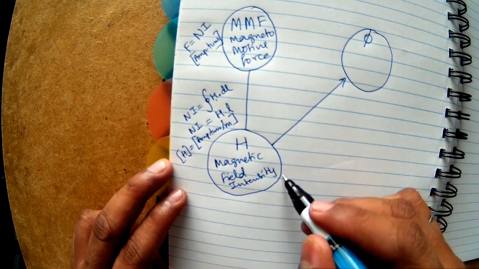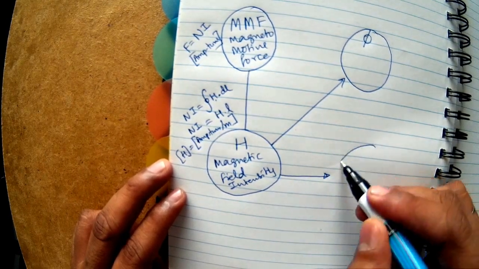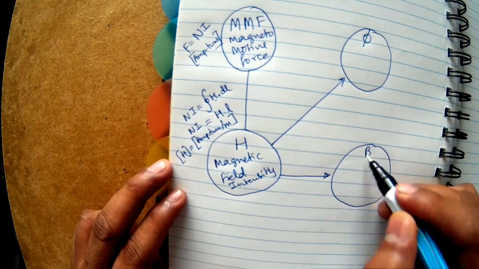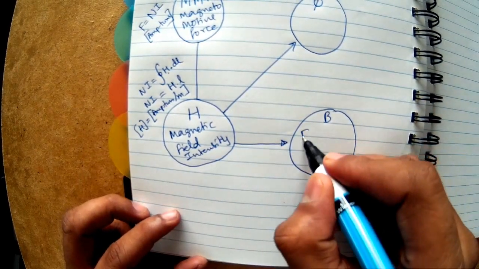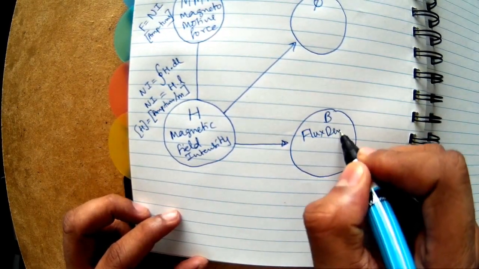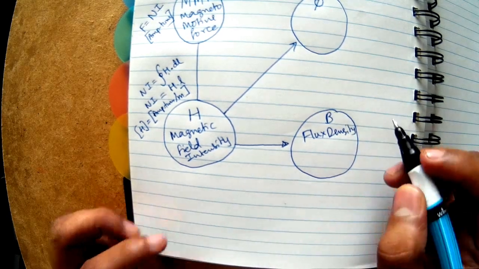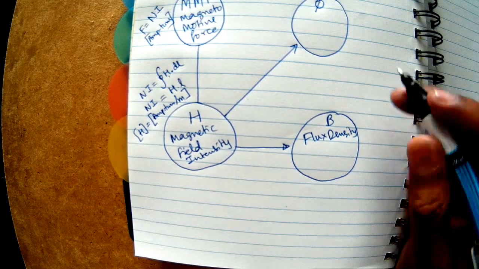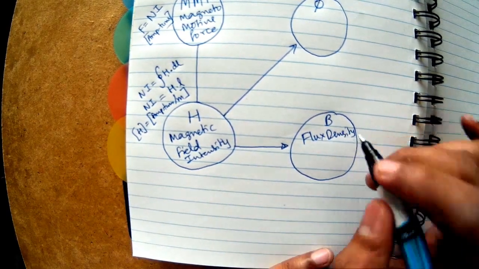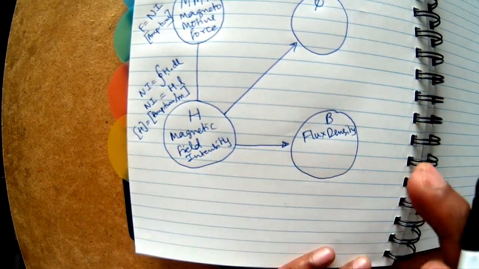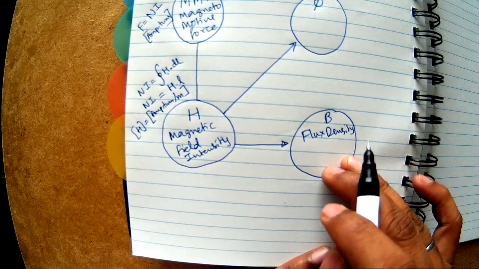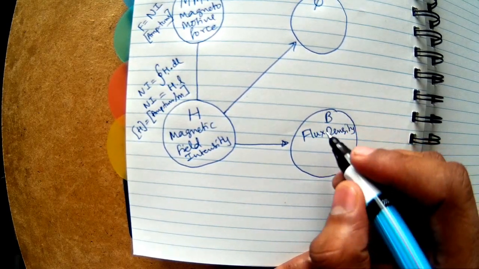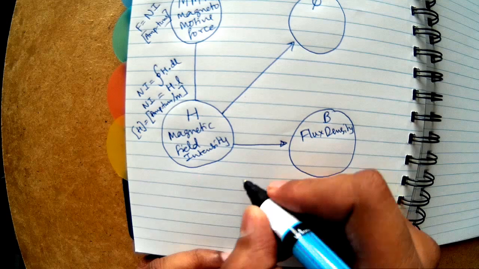Symbol is phi. Or first I'll mention what is known as flux density. Obviously flux density means flux per unit area. So the field intensity gives rise to flux density. What is the mathematical equation?